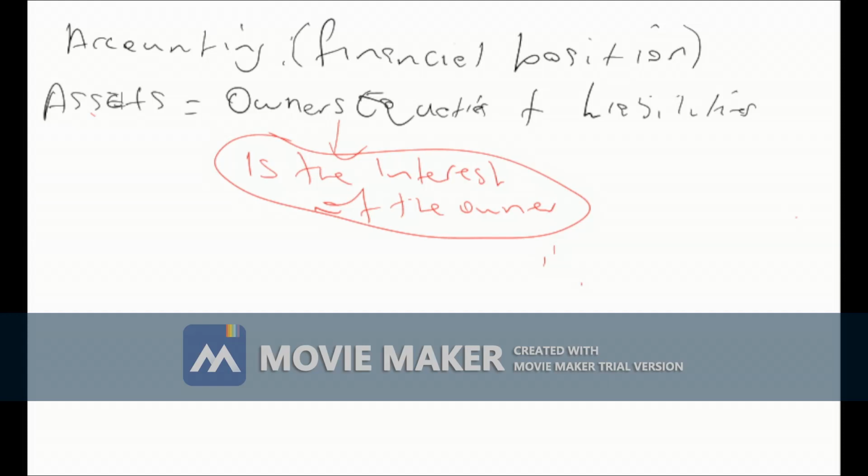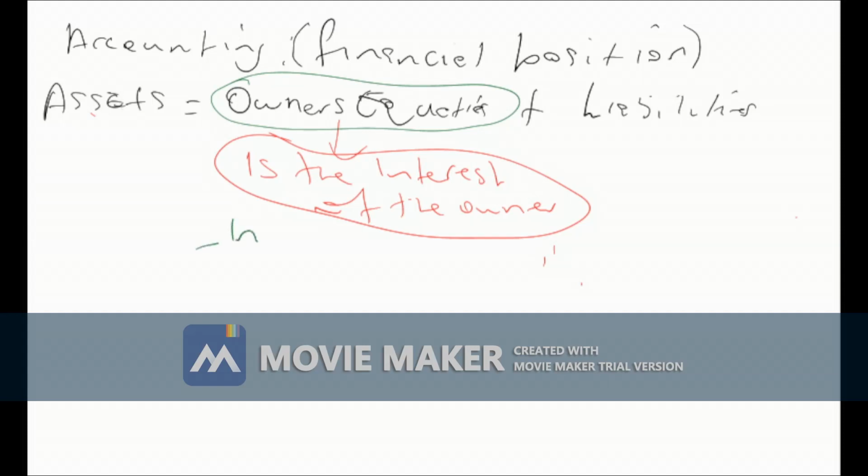So in other words, here we are studying more about the things that belong to the owner. Therefore, owner's equity is controlled by the owner, and is the interest of the owner. So what types of owner's equity are there?